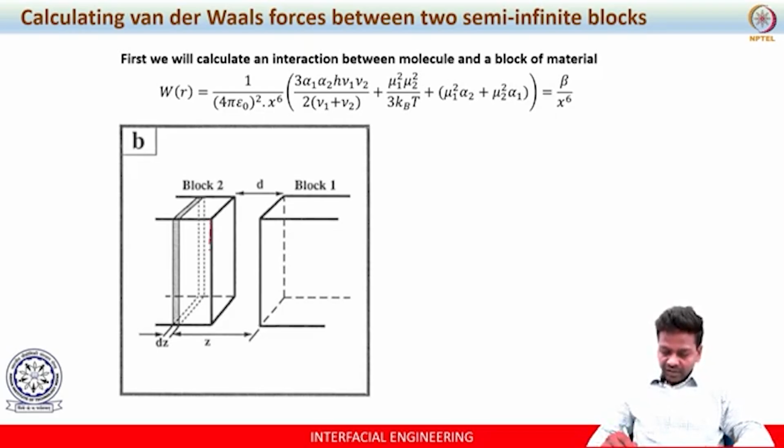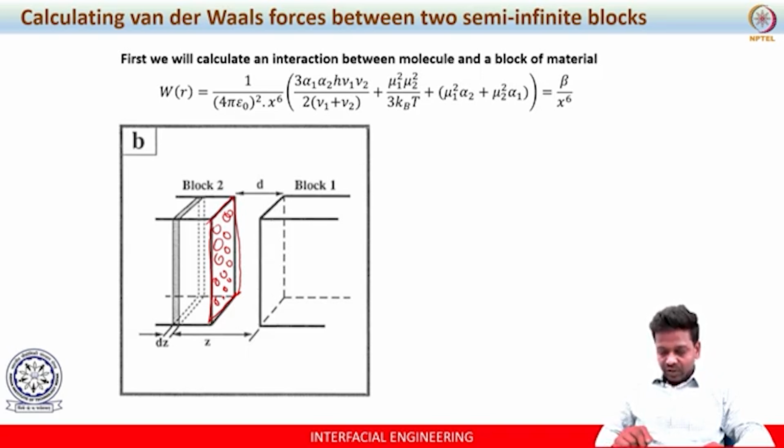Remember, imagine we cut a small slice from this, and in that small slice you have molecules present. The advantage here is that all these molecules are at the same separation distance d.